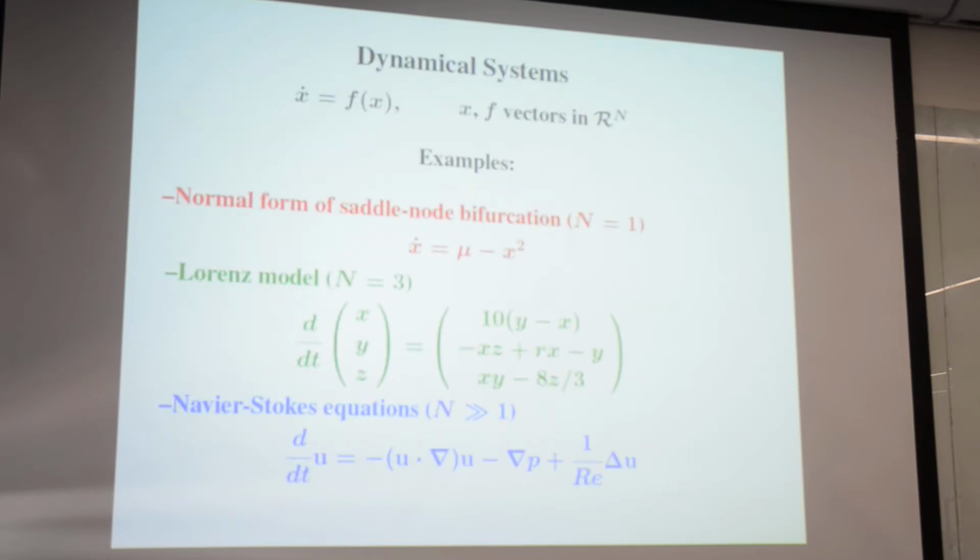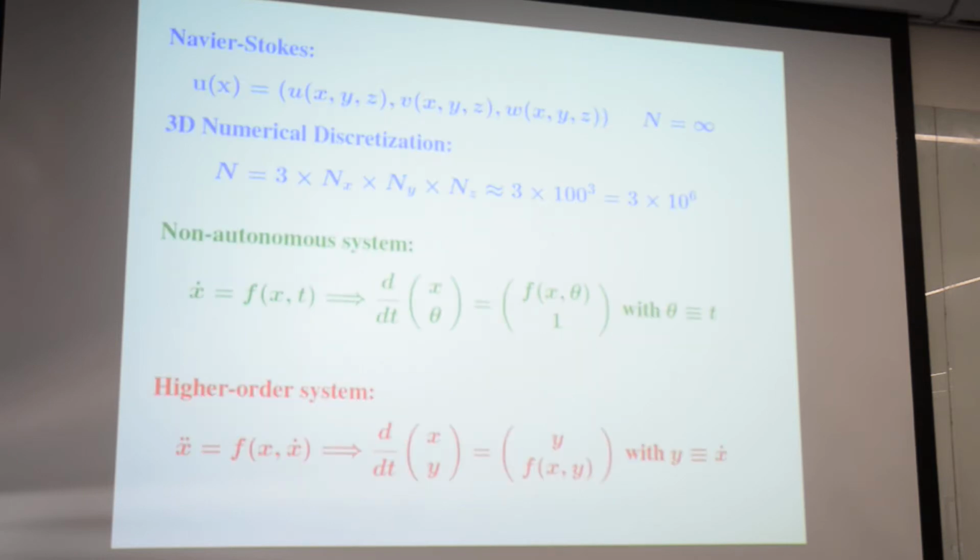Now you might think perhaps that, okay, many things are described as x dot equals f of x, but not everything. After all, the f could depend also on time, in which case you have x dot equals f of x and t. That's called a non-autonomous system, but you can make it into an autonomous system by defining another variable, which here is given the name theta, and you say that theta dot is 1, meaning it goes through time.